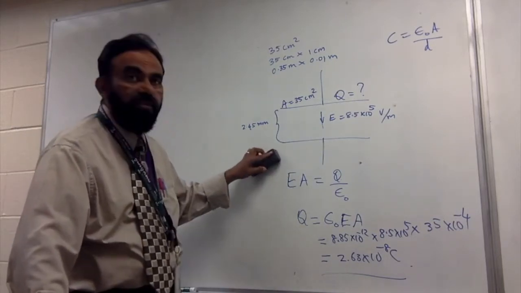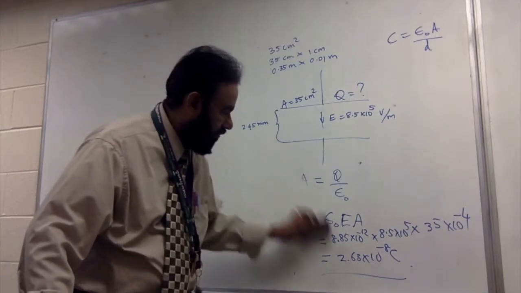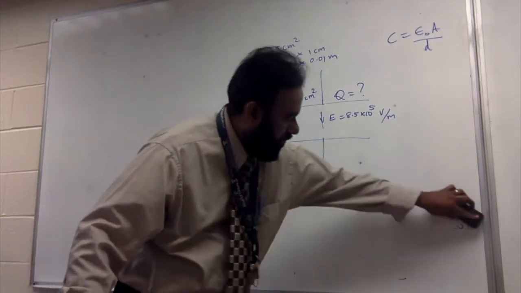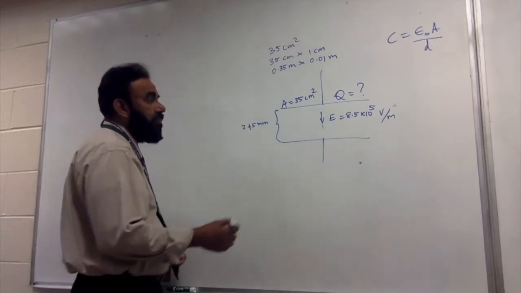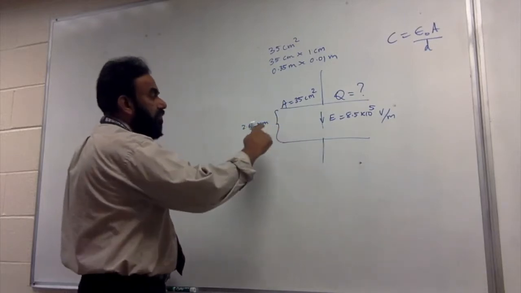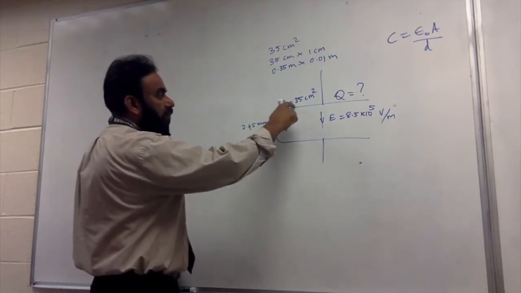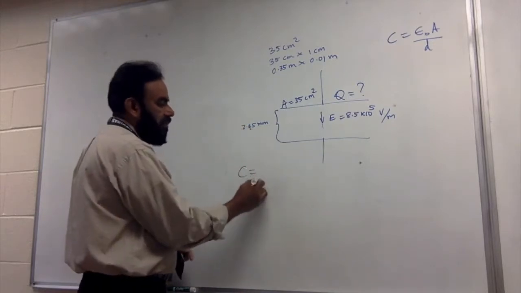How can we work this out in a different way? I'll show you right now. The other way of working this out is, they give you area, they give you gap. Can you find the capacitance? Yes.